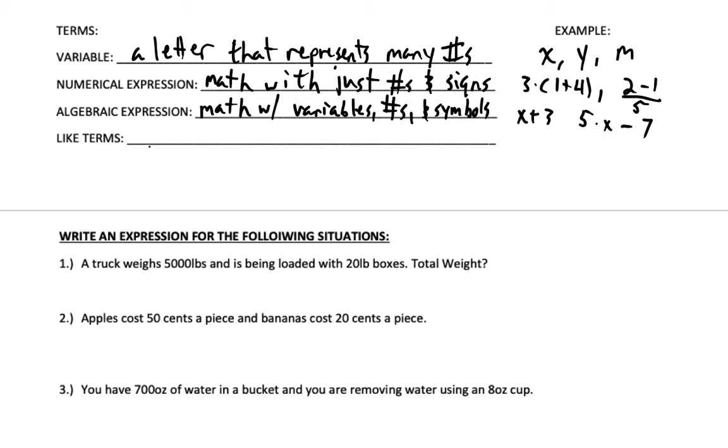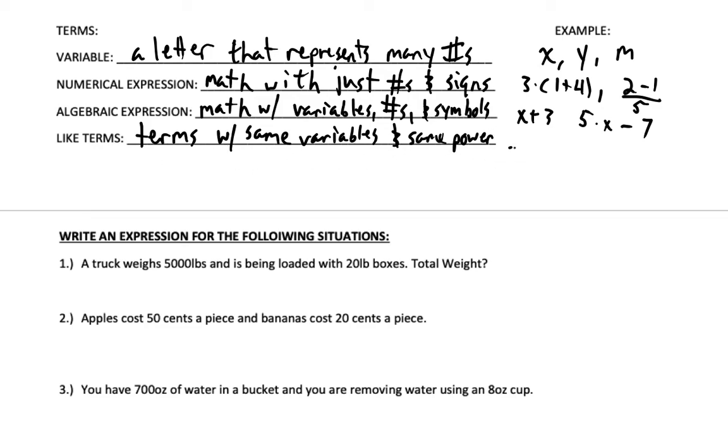Right, and what about like terms? Well, like terms are going to be terms. So terms are just small mathematical phrases, but they're terms with the same variables to the same power. So with same variables and the same power. So what would an example of like terms be?